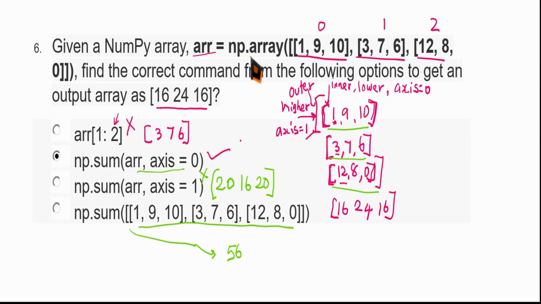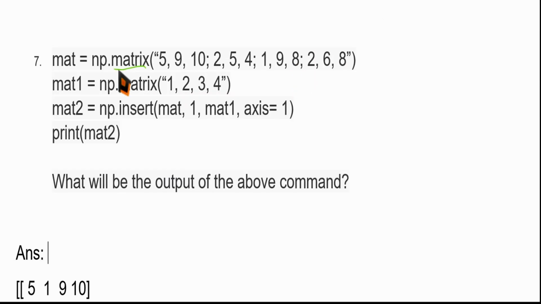So the function array given in NumPy helps to define an array in this form. Similarly, in NumPy, the function matrix can also be used to define an array. But you see the syntax here, 5, 9, 10, this is one row. So you have to use a semicolon here to differentiate this row from the next row. So this is another row, this is the third row, this is the fourth row.